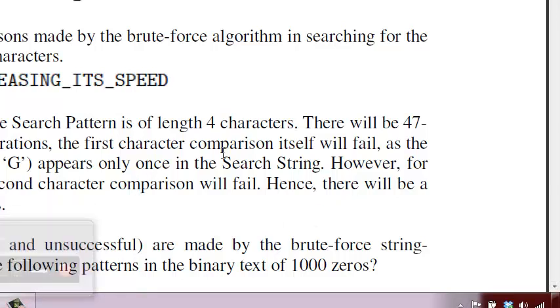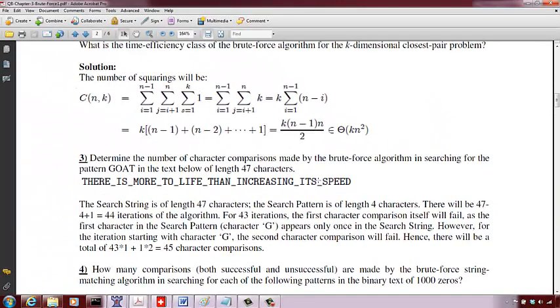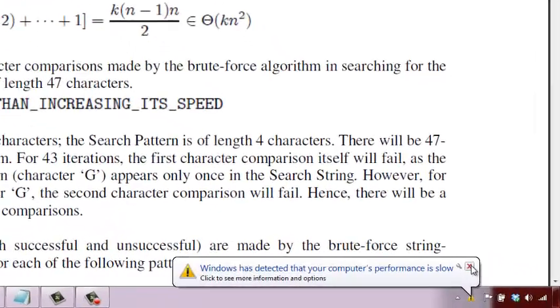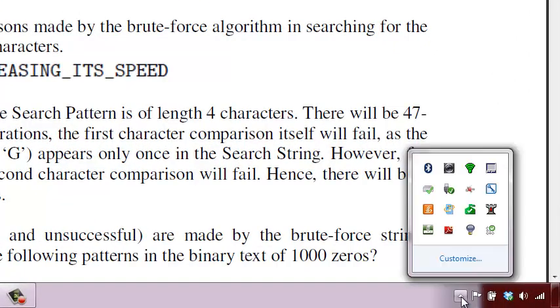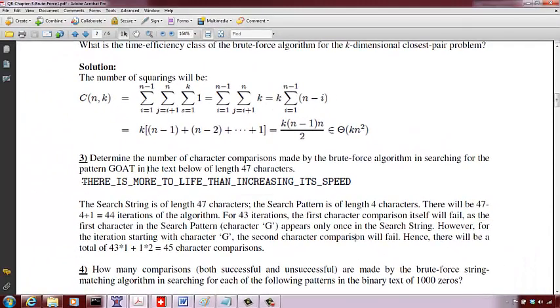So here we want to find the number of character comparisons that we do when we are looking for this pattern goat in this string.